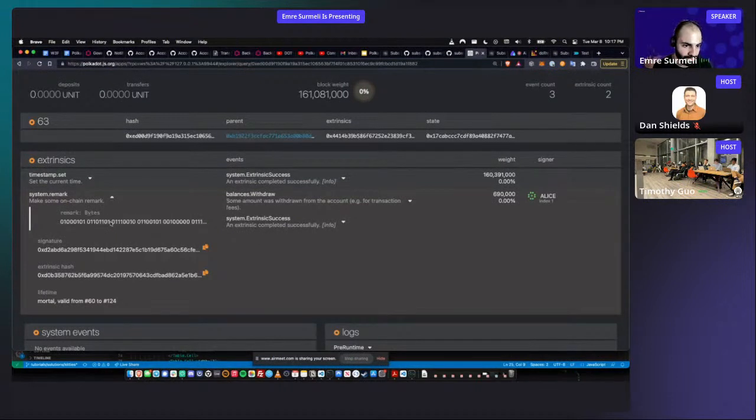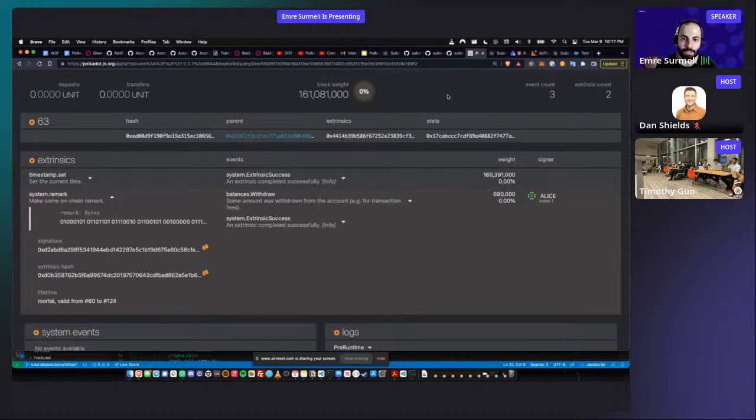So this is kind of like a hacky way to create NFTs, because if you have an NFT in some sort of an encoding, you can include it inside of a block, and it'll just get stored on chain. Very cool.